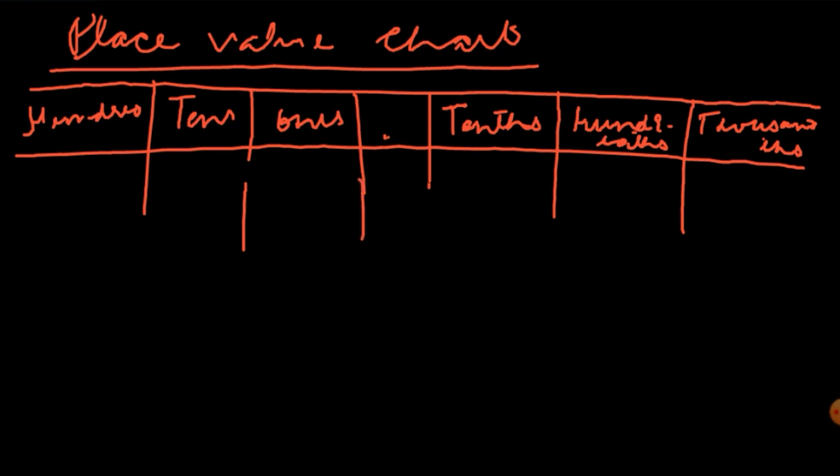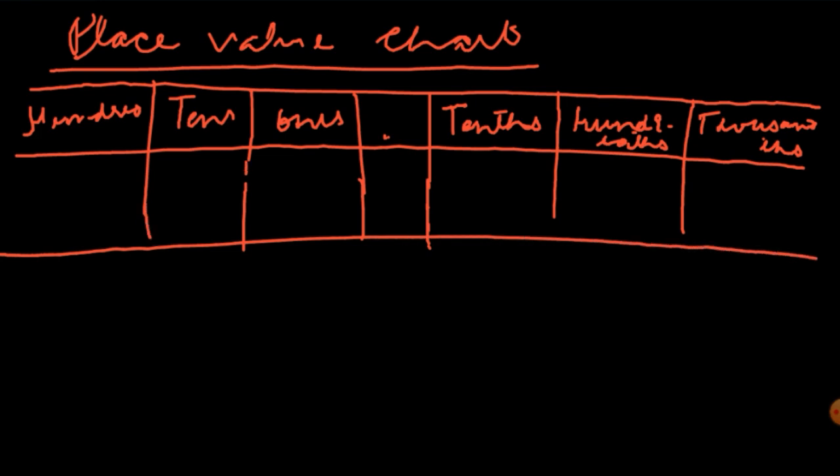So all the digits to the right of the decimal are the decimal part, and to the left are the whole numbers. For example, I have written a number 205.648.